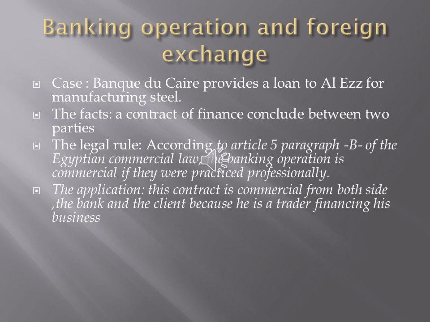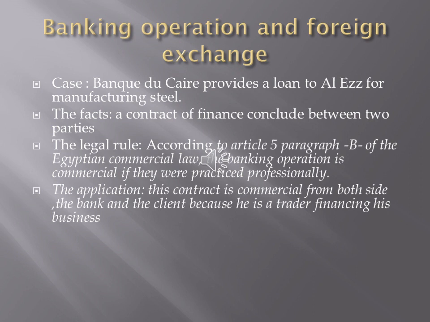For example, if you deposit an amount of money in the National Bank of Egypt, this contract from the side of the bank is governed by Article 5, but from your side, the side of the client, is governed by the civil law.